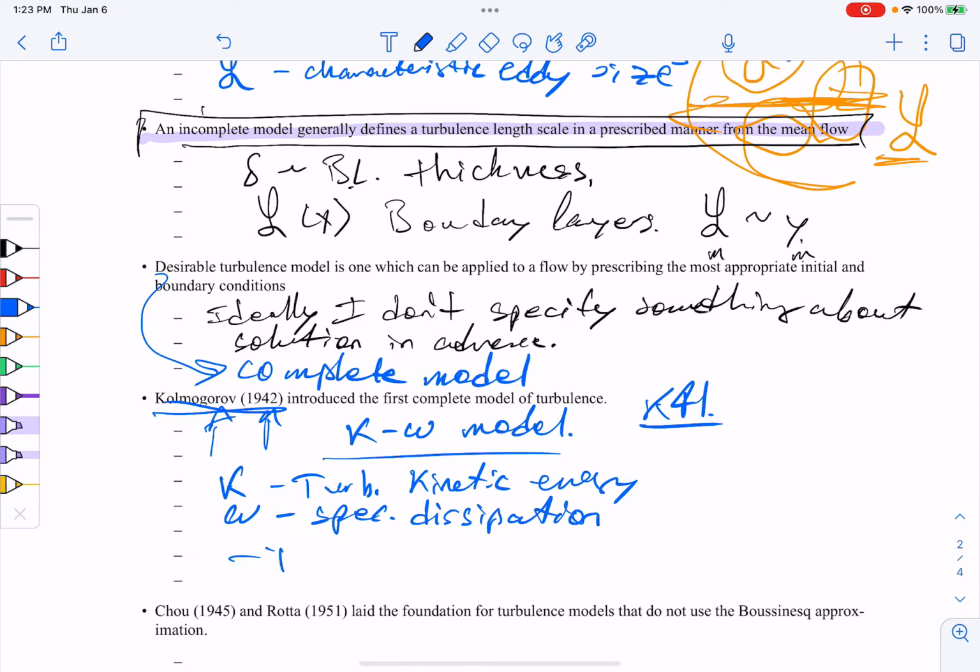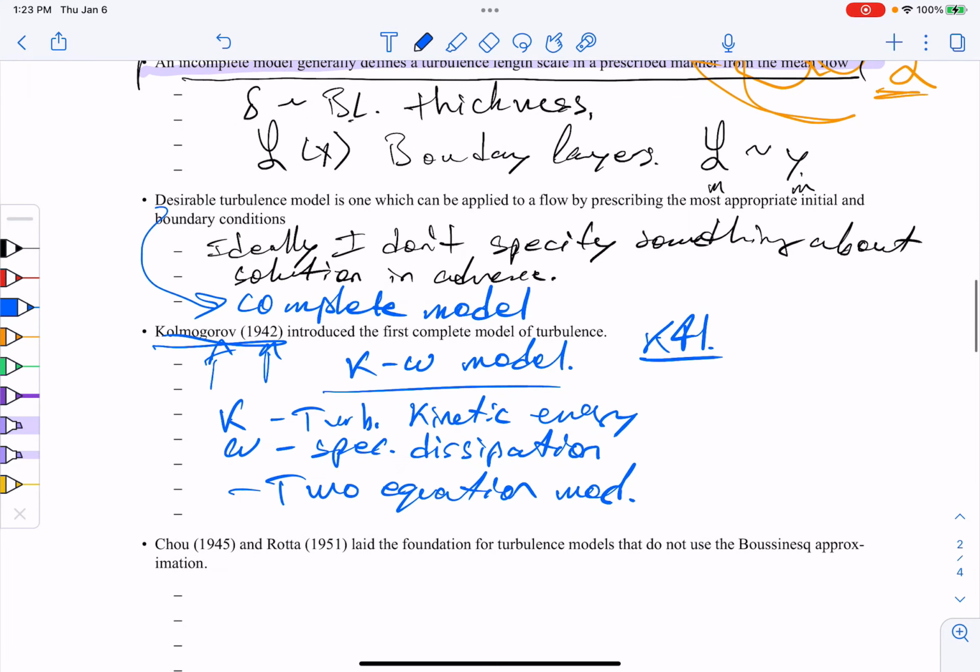And this is a two-equation model, which is also interesting. Here, omega has the units of per second, generally. And that's the rate of dissipation of turbulent kinetic energy.